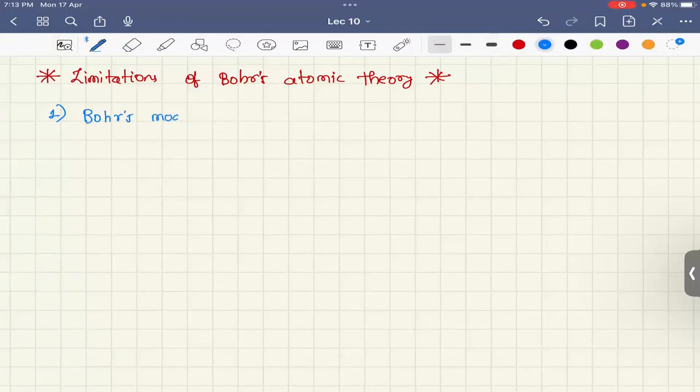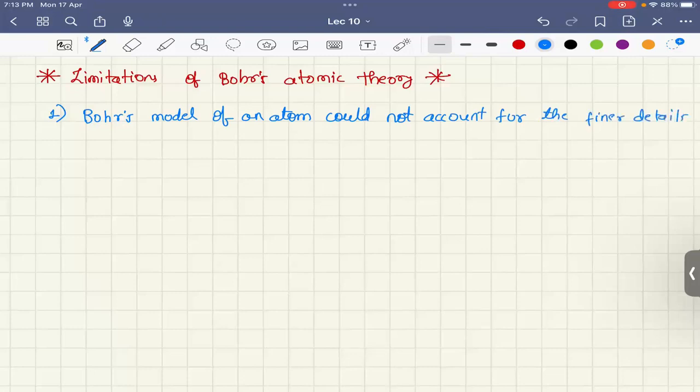Bohr's model of an atom could not account for the finer details. Like, for example, the duplet. Let me use a different color for this.